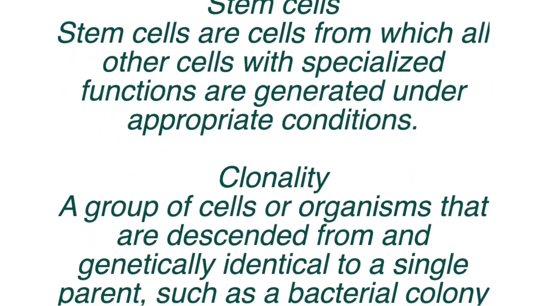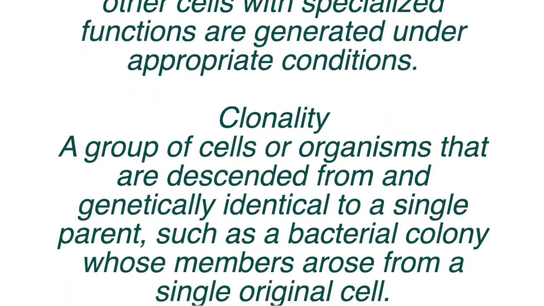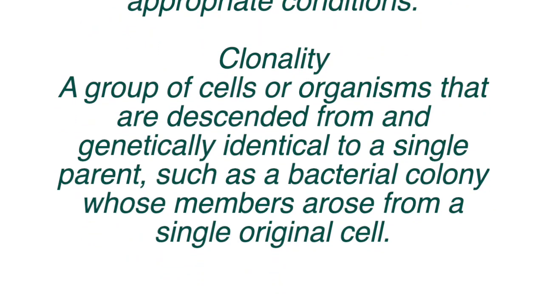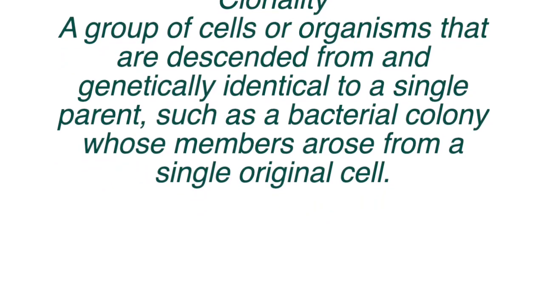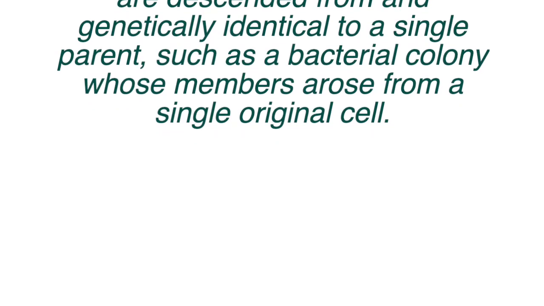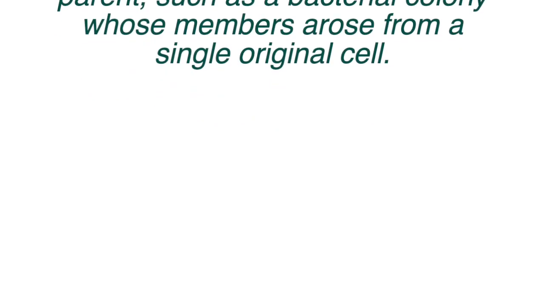Note, stem cells are cells from which all other cells with specialized functions are generated under appropriate conditions. Clonality, that is, a group of cells or organisms that are descended from and genetically identical to a single parent, such as a bacterial colony, whose members arose from a single original cell.